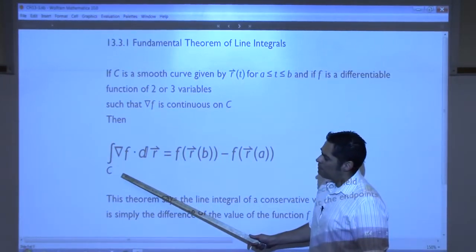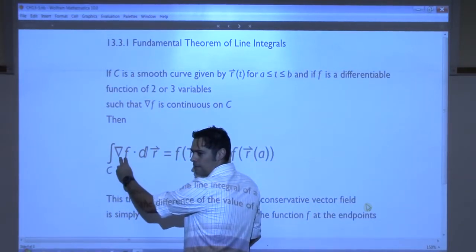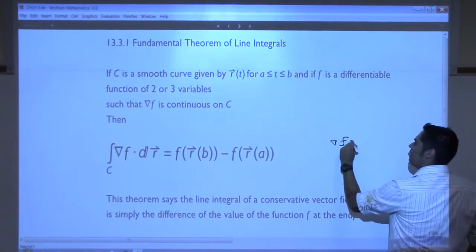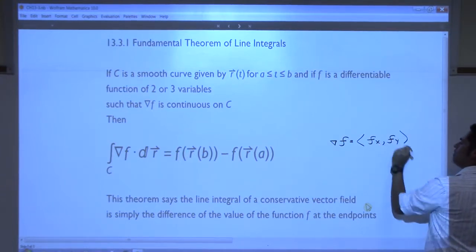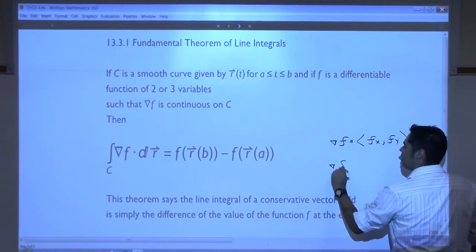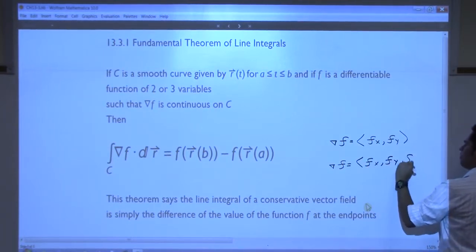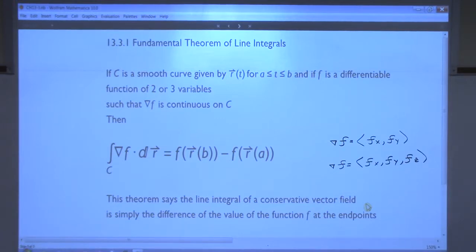If that's true, then check this out. The line integral of the gradient of f. Now that's a vector, right? And I'll remind you, the gradient of the scalar function f is going to be the partial of f with respect to x, then partial of f with respect to y, or it could be 3-dimensional, like that. It's one or the other, depending on how many variables we're working with.